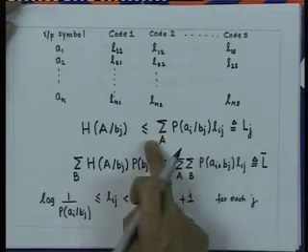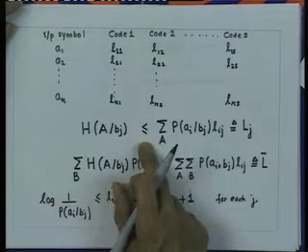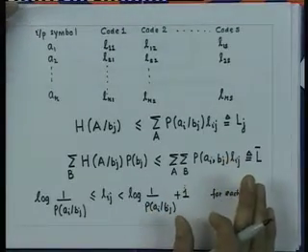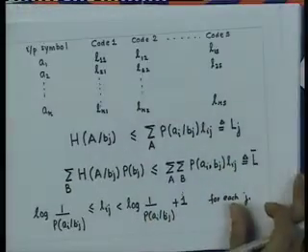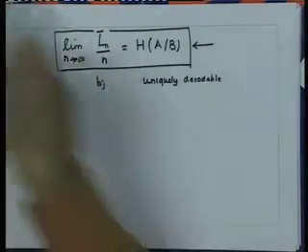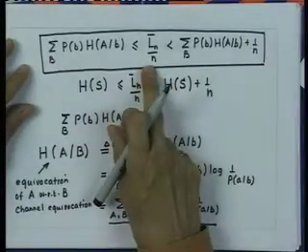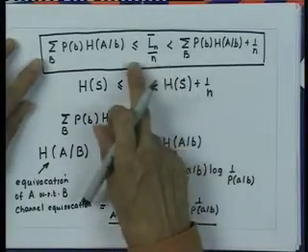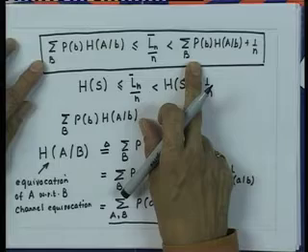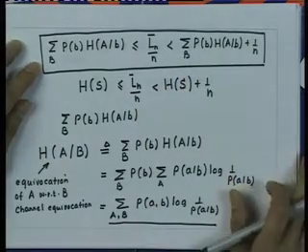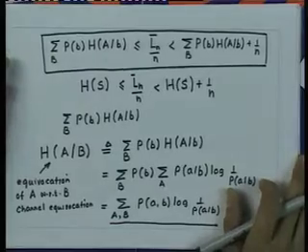Another condition is that the codes must be instantaneous. So it follows that the earlier relationship which we had derived is valid only for instantaneous codes, unlike Shannon's first theorem, which applies to all uniquely decodable codes.